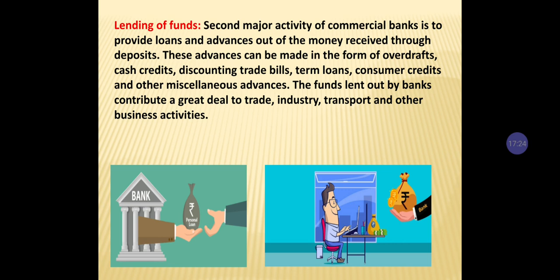So how is the money being collected by the bank? From overdraft interest, cash credit, discounting of trade bills, from all this they take the advances and provide funds. The funds let out by banks contribute a great deal to trade, industry, transport, and other business activity.